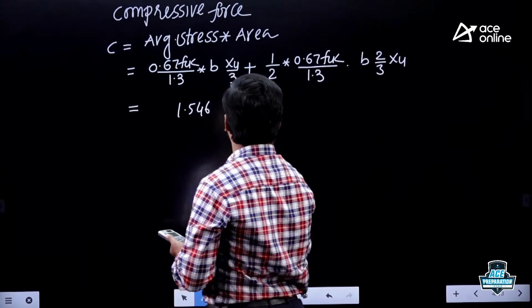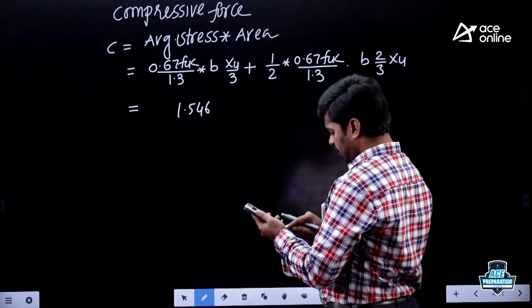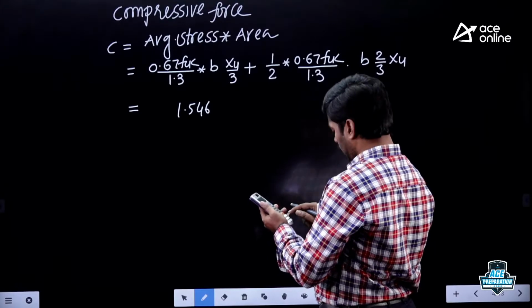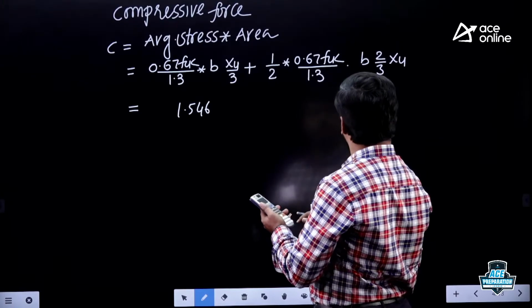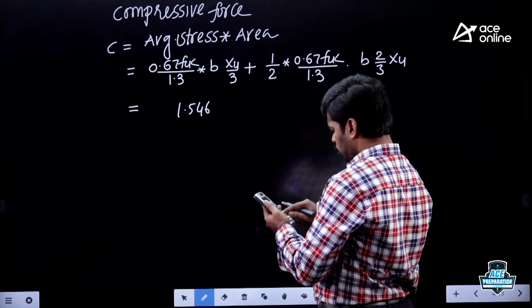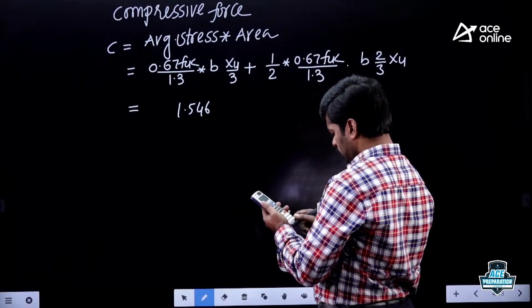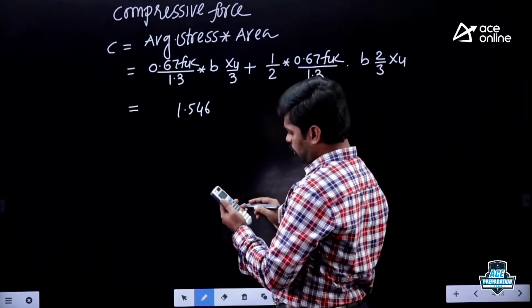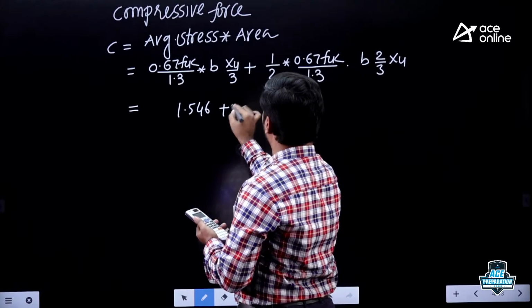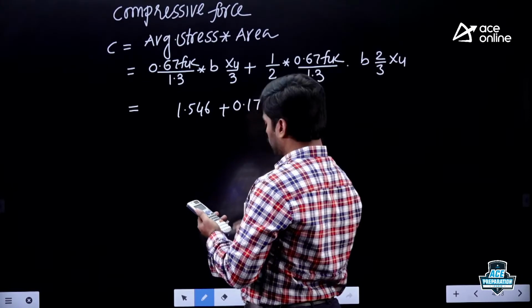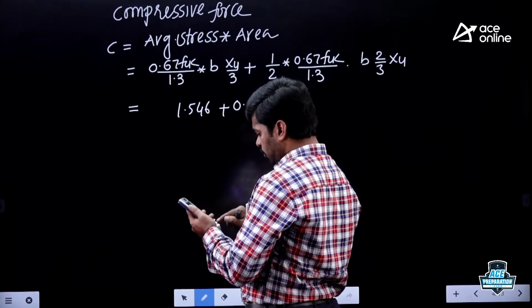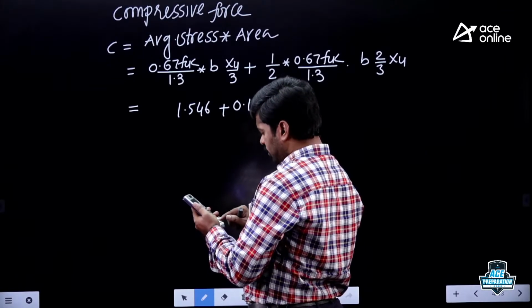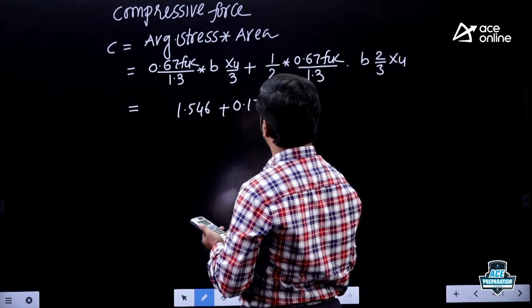You will get this part is half into 0.5 into 0.67 upon 1.3 into 2 by 3. I am getting 0.172. Total is 0.172 plus 1.546. 1.546 is not correct.